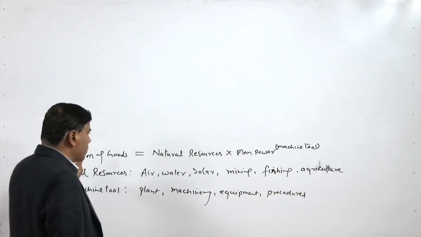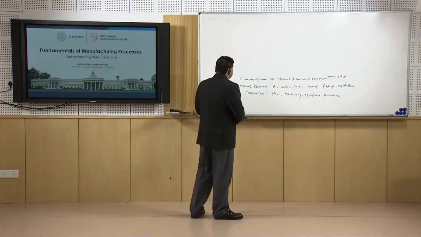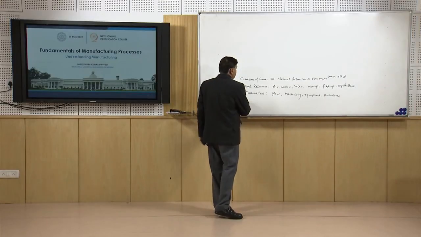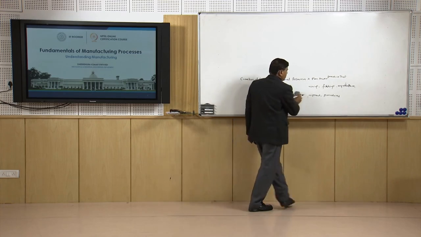So, this is the qualitative, or empirical, way of expressing how much amount of goods is produced when natural resources and machine tool are used.